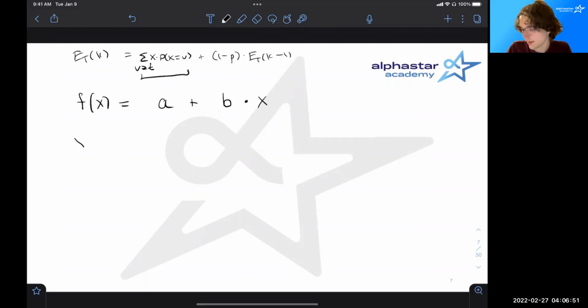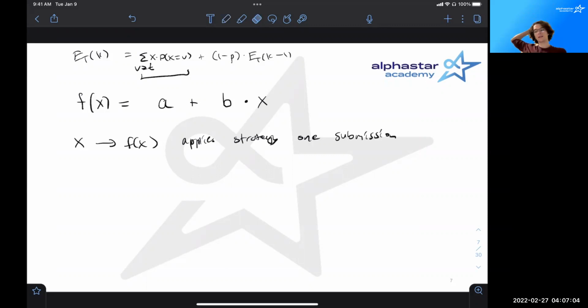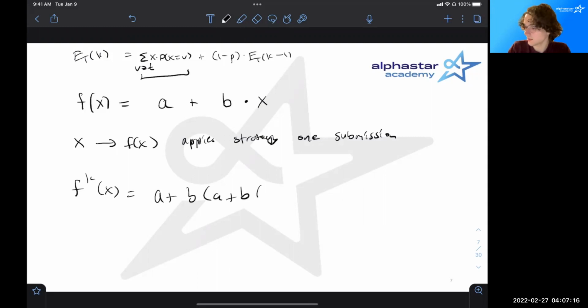So it's like we're building a table, and you could just keep applying this for different values of a and b. But let's say we want to apply f k times: f k of x equals a plus b times a plus b times a plus b, and there's somewhere an x in there.